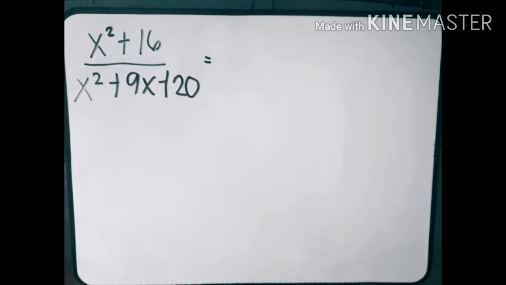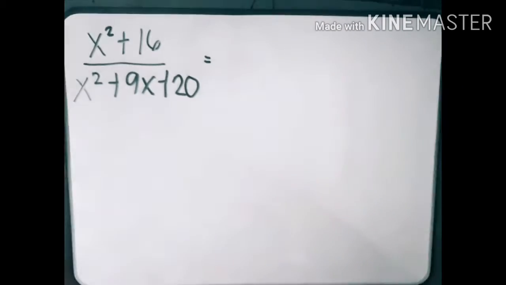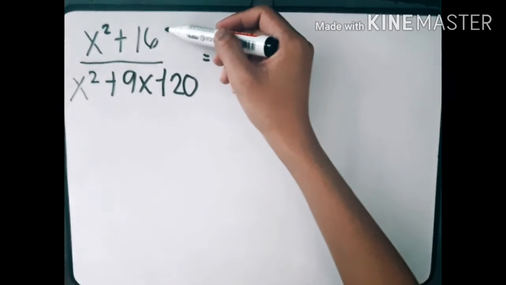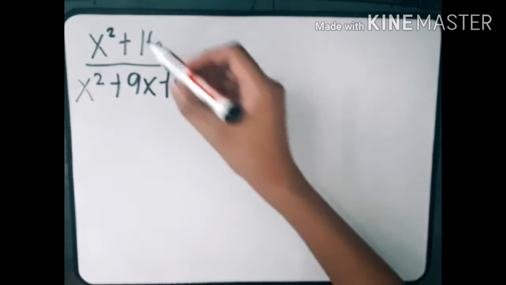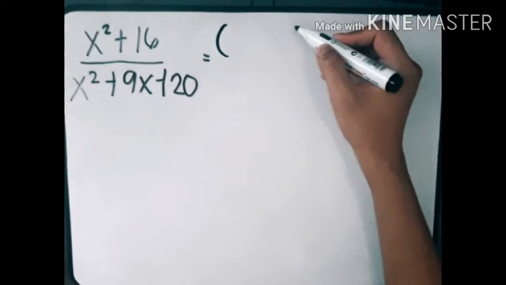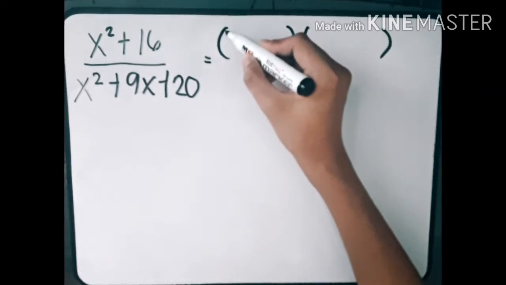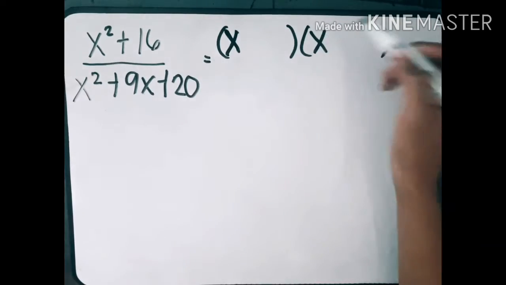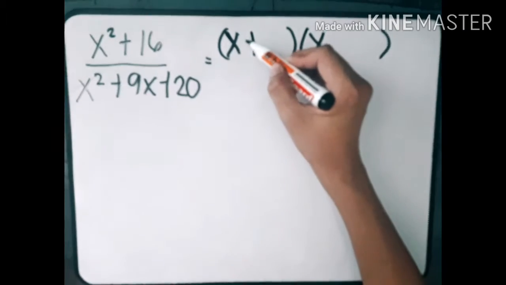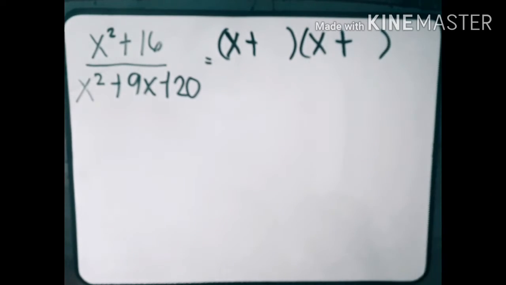Next example is x squared plus 16 over x squared plus 9x plus 20. Una, mapapansin natin na yung numerator is a sum of squares. So, ipa-factor out muna natin siya. So, ang square ng x squared is x, and since positive yung sign, plus sign.